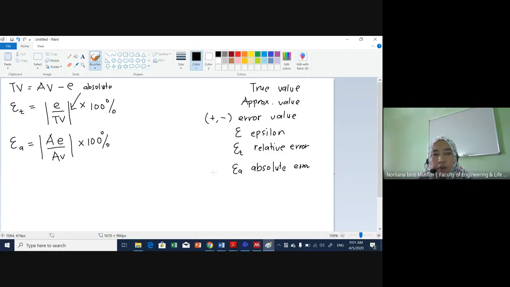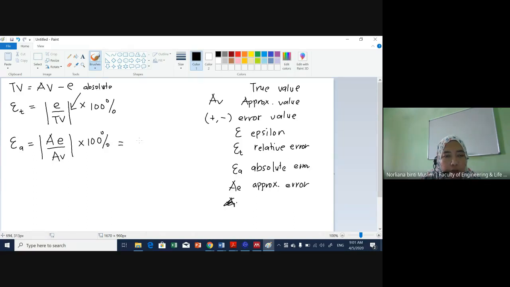This is the first formula. AE is called approximation error, and AV is approximation value.